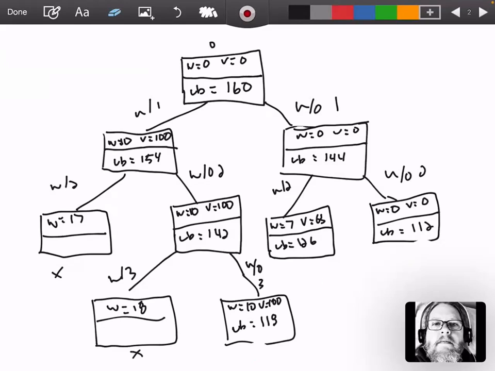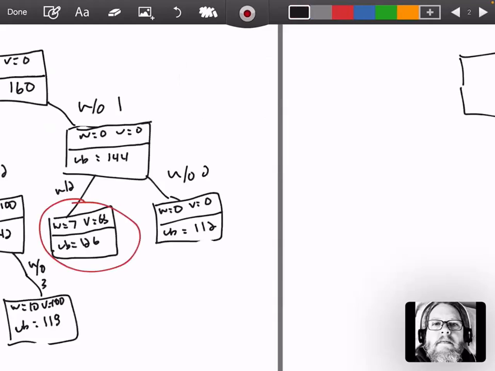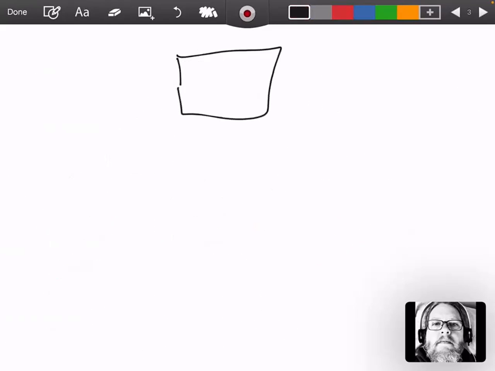And I'm going to move that to the next page so it's clear. So I'm moving this particular item. Let me make sure I've got it right. It has a value of 126. Yeah. So the weight is equal to 7, and the value is equal to 63.